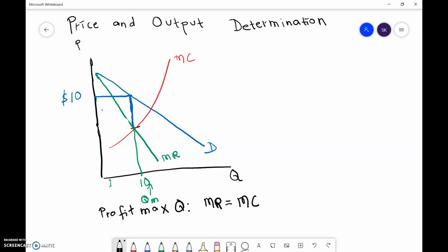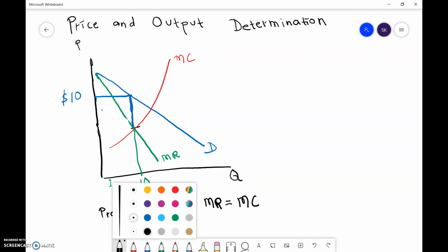I get the monopoly output, then I have to extend the line all the way till it hits the demand curve, and after that I will get the monopoly price. So the price is always from the demand curve.